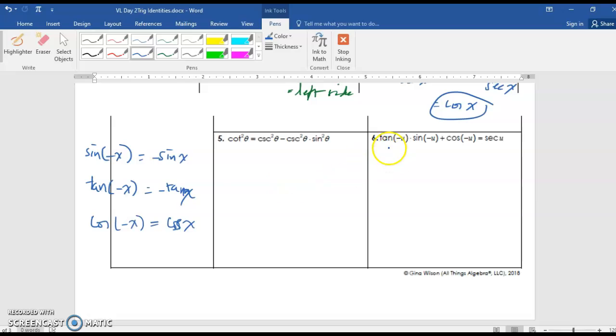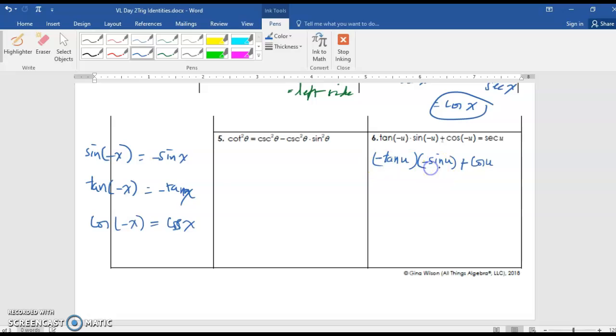Okay, so if you can use that here, tan of negative u is a negative tan u times sine of negative u is a negative sine u plus cos of negative u, which means negative angle, is positive. So we just carry the plus sign here. So this is a cos u.